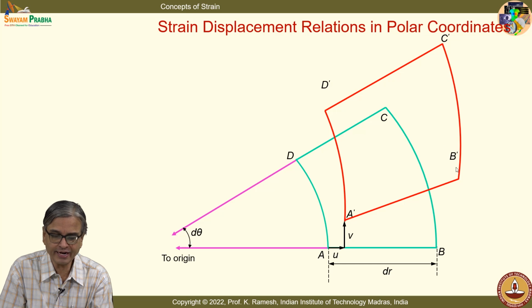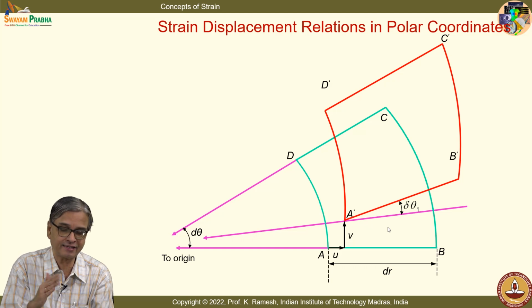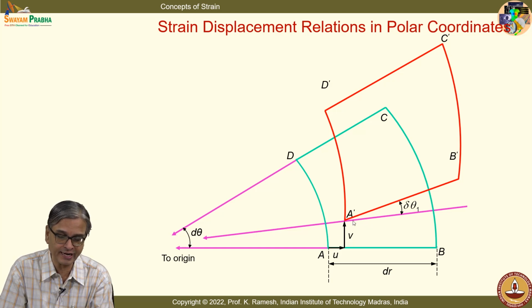Now, we have to locate the coordinates of B prime, and for me to do that later I have to get the shear strain. So, I draw this line, I recognize this angle as delta theta 1, because this is again radial, fine. If I have to find the original rectangle, I should also draw one more line here which is circumferential.